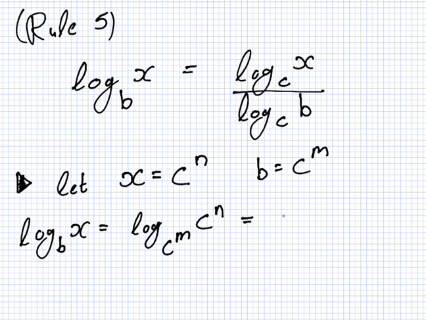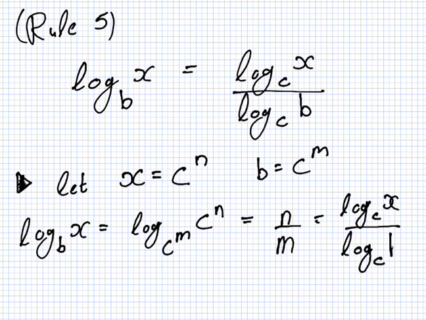That would equal n over m. But if I go back here, I can see I can write this n as log base c of x, because c to the power of n makes x. So this n can be replaced by log cx. And likewise on the bottom, that can be log cb from this one here. So then that proof's finished.